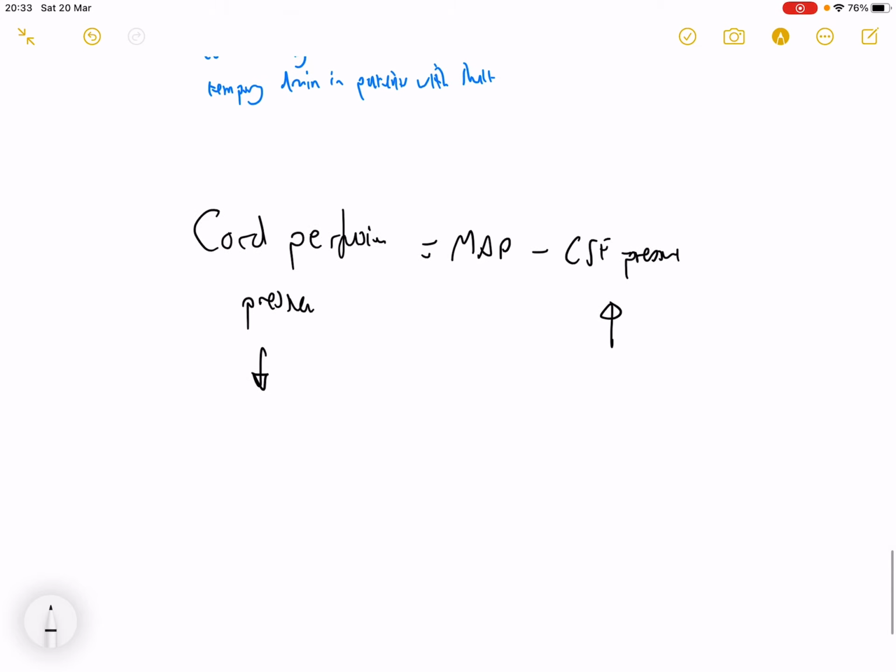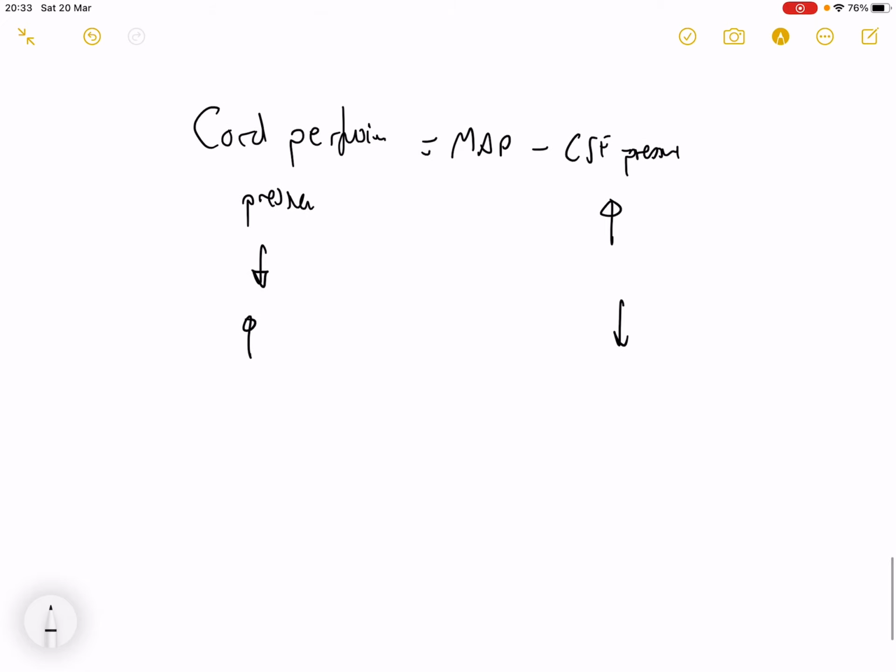So if you drain it off, that will fall and that will rise. So you've got a percutaneous catheter in the subarachnoid space. And decrease the CSF pressure.